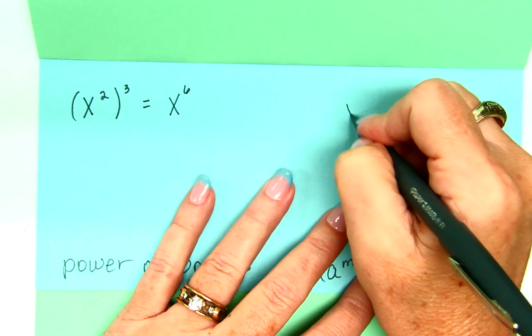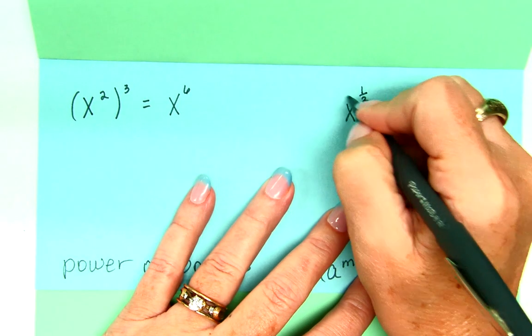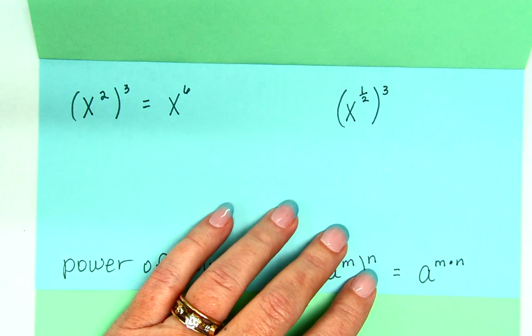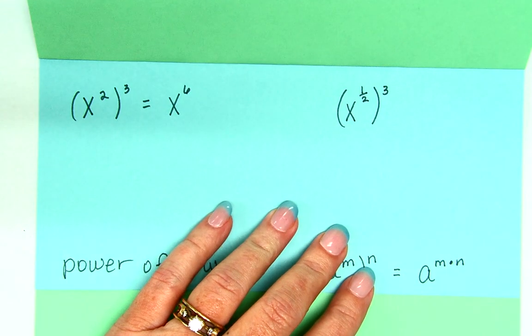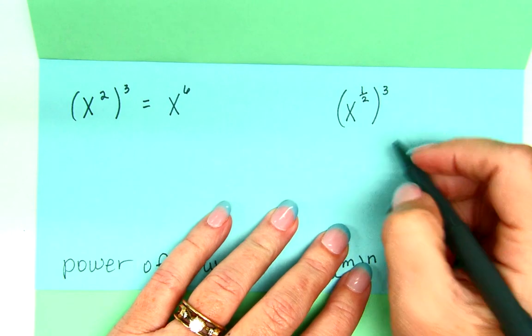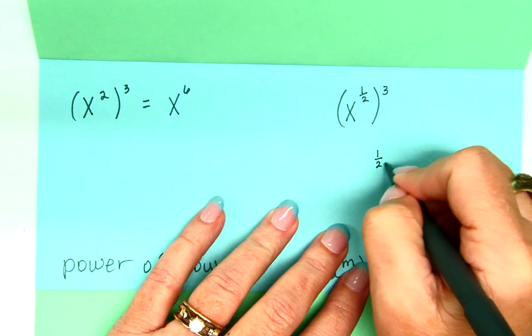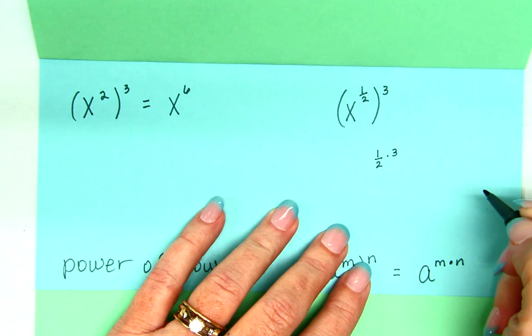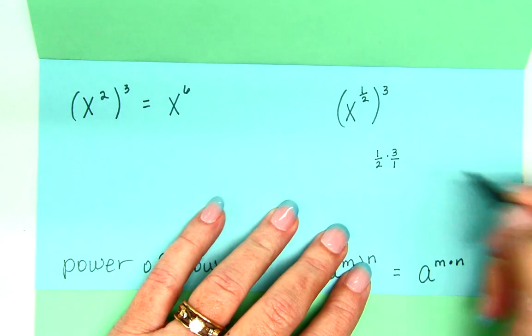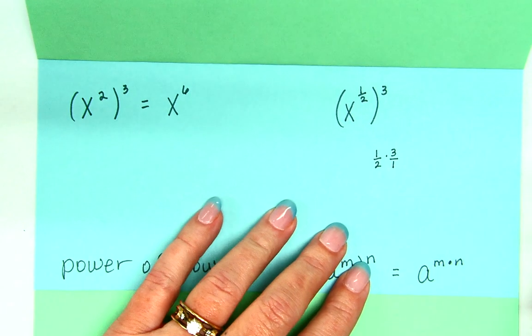And what if I have x to the 1/2 power raised to the third power? So what do I have to do with these two numbers? Multiply them. So if I have 1/2 times 3, is it better if I have it as a fraction? Like 3/1? How do you multiply fractions?